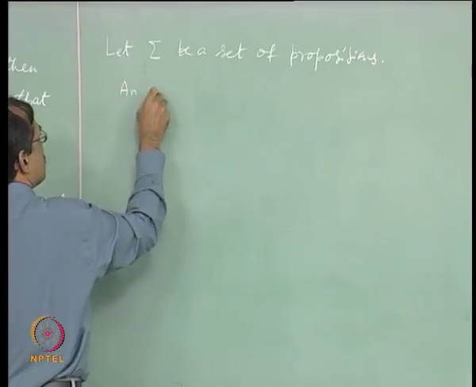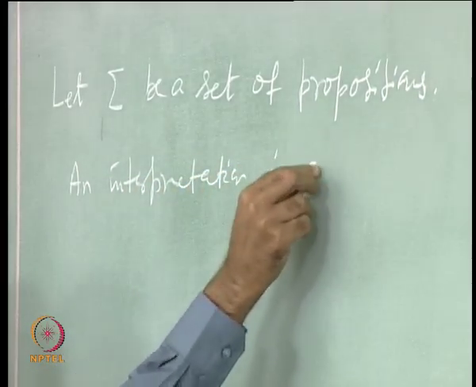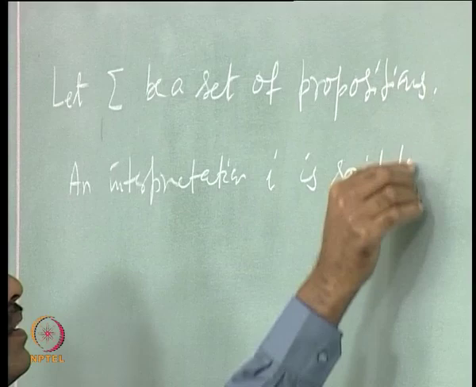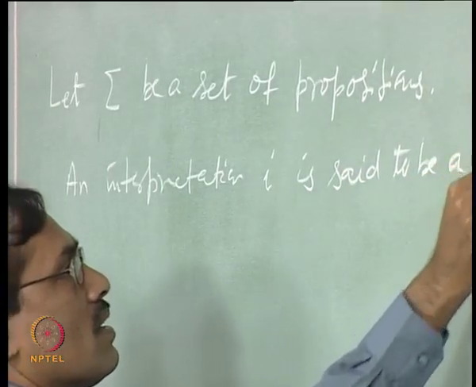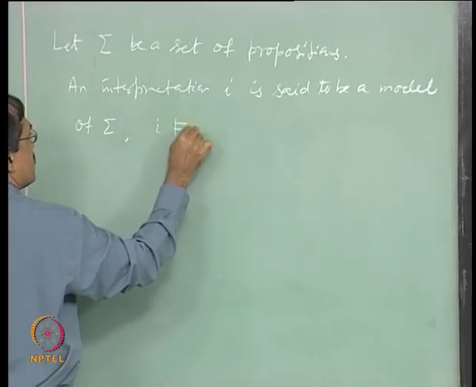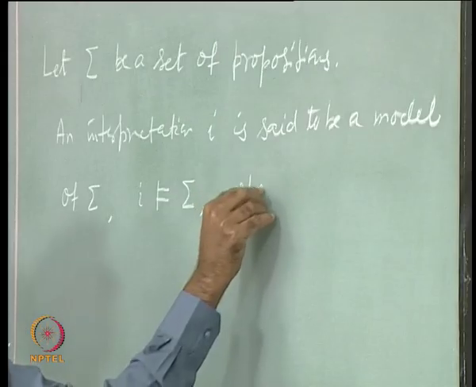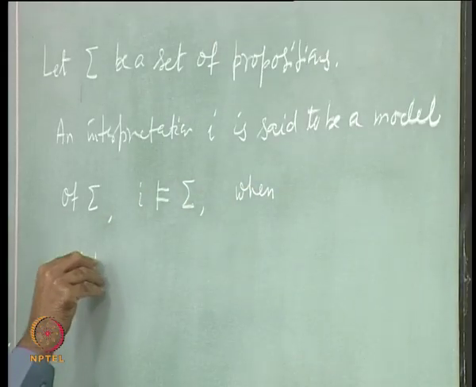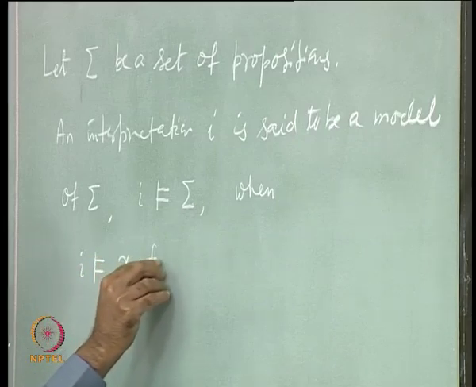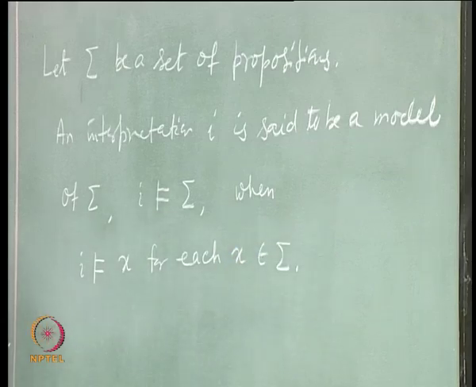We say an interpretation I is said to be a model of sigma, and we write it as I satisfies sigma as earlier, when I satisfies x for each x in sigma. So, it is simultaneous satisfaction of each proposition by the same interpretation.